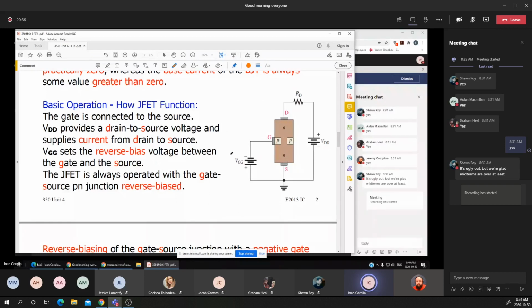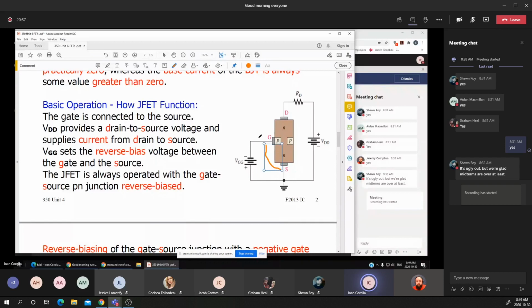And there are two possibilities for VGG, the voltage applied on the gate: positive or negative. I mentioned that we are using the voltage between the gate and the source as the reverse bias.